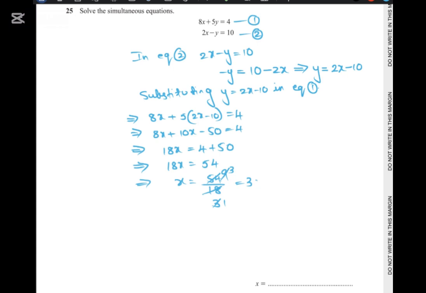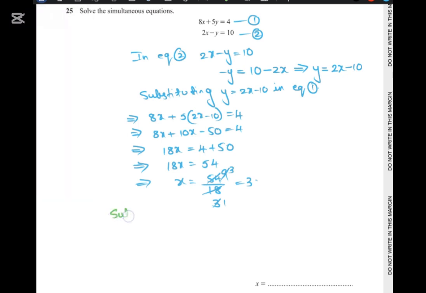Using this x value, substitute in y is equal to 2x minus 10. Let me write here itself below.